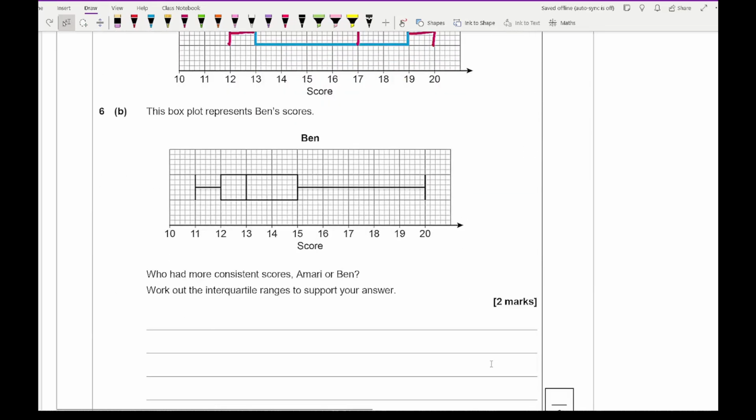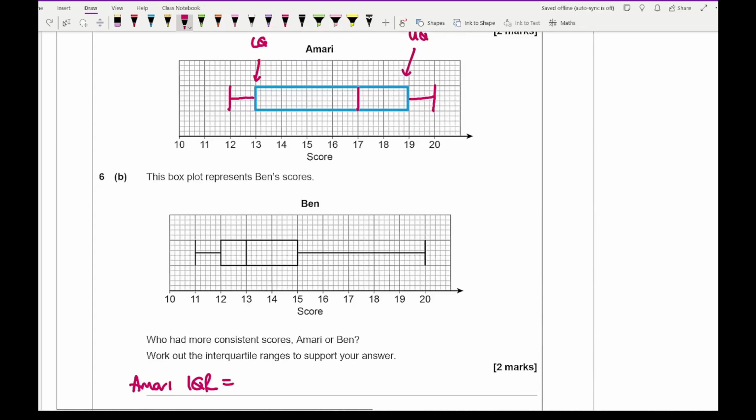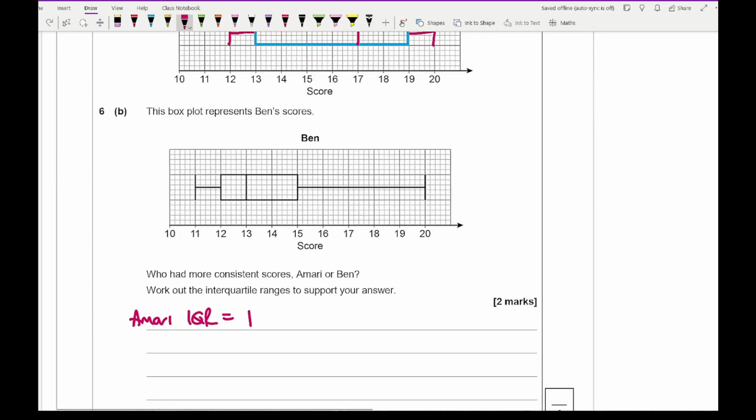It then says for B, this box plot represents Ben's scores. Who had more consistent scores, Amari or Ben? Work out the interquartile range to support your answer. So for this, if we look at Amari's interquartile range, IQR, that's going to be 19 take away 13, which is 6.